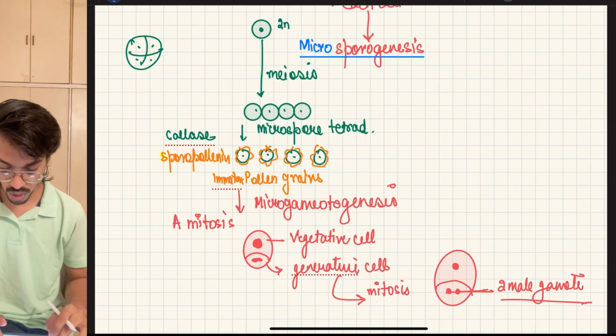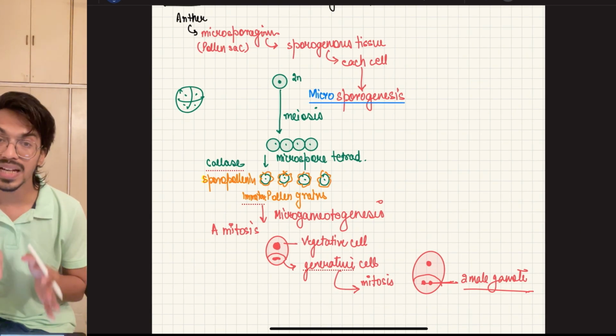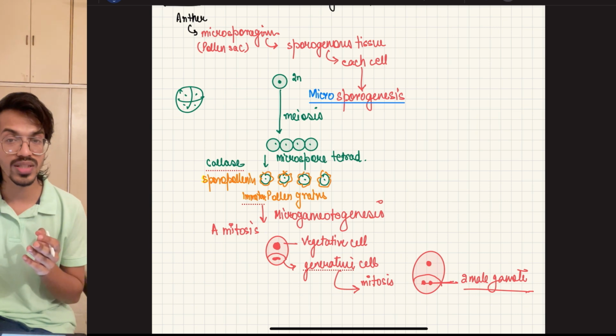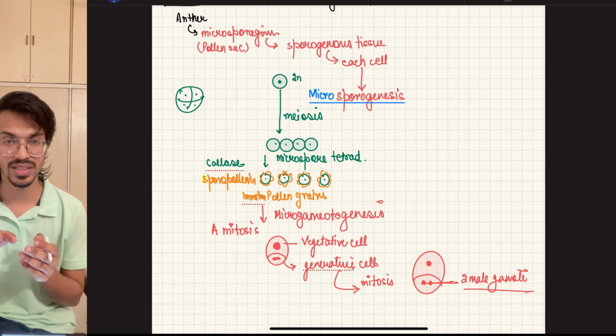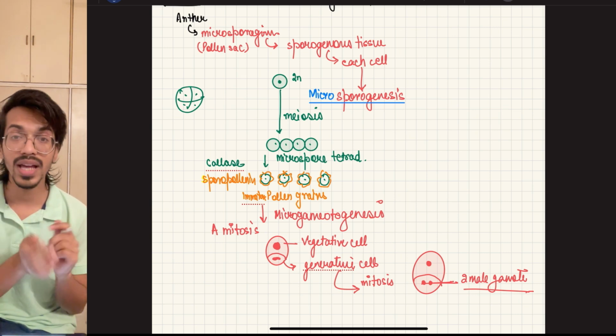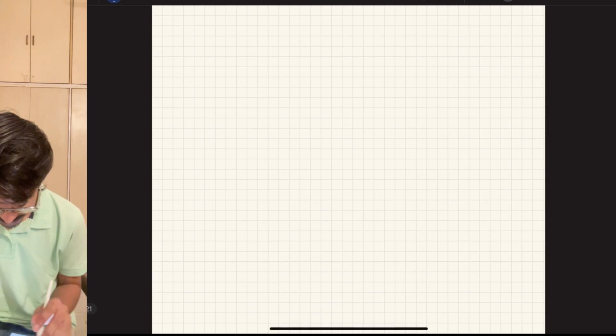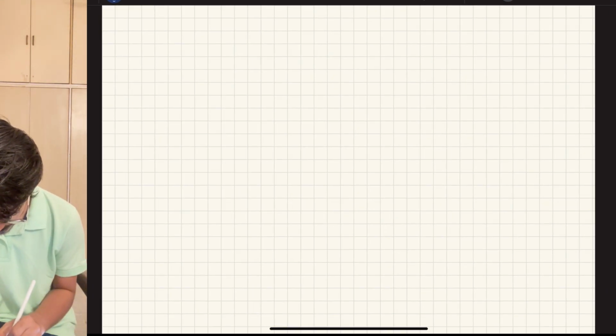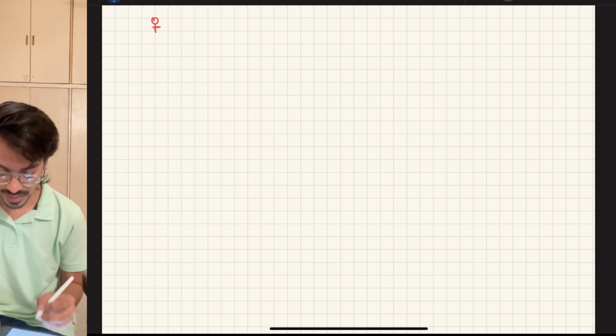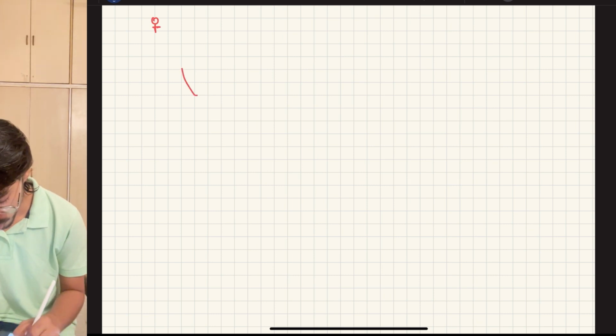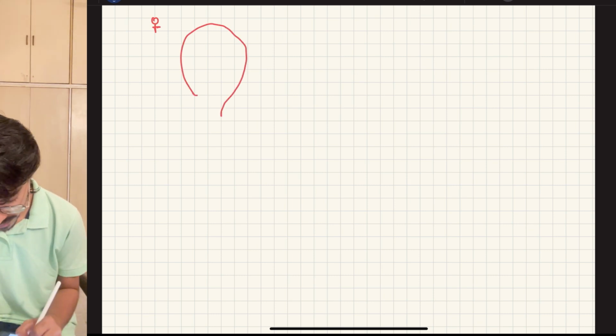This is how two male gametes are being formed. This is about the male part, how the sporogenesis occurs, and from that gametogenesis occurs. Let's see what happens in the female. So in case of females, everything starts in the ovary area. So imagine that this is the ovary.